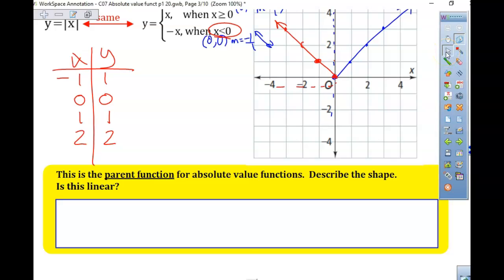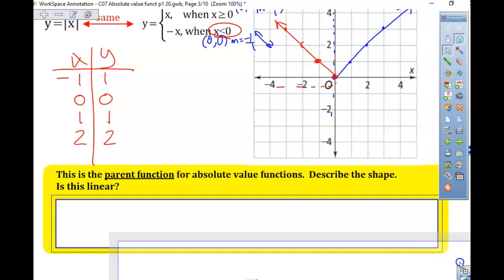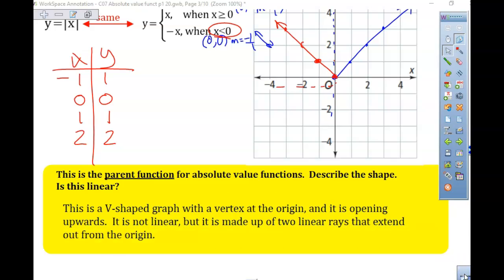It describes the shape. If we are going to describe it, it is definitely not linear, right? So anytime you have absolute value, please write this in your notes, and we are on the bottom of page 27. Anytime we have absolute value, it is going to be a V-shaped graph.